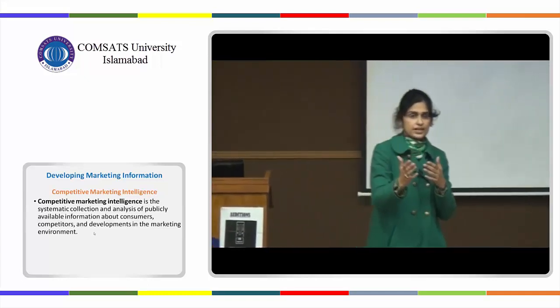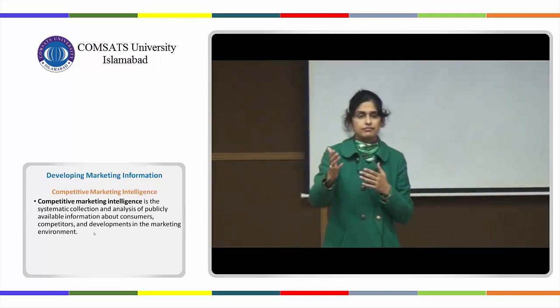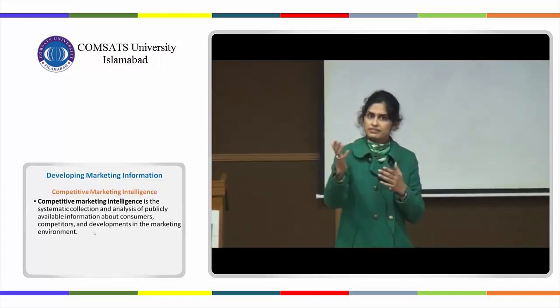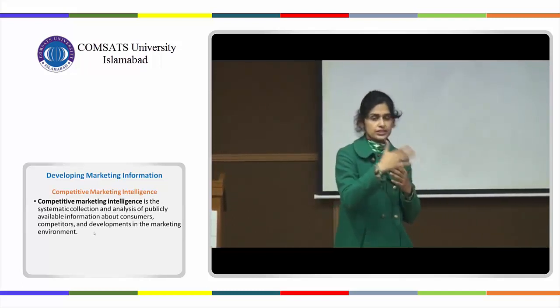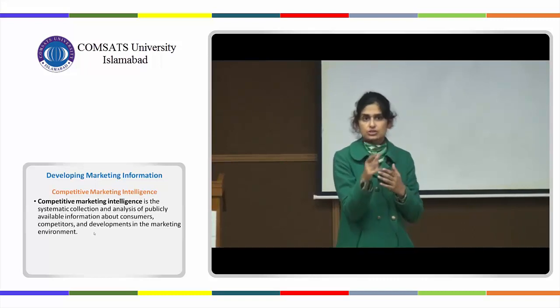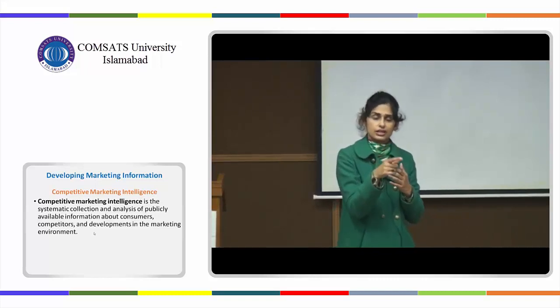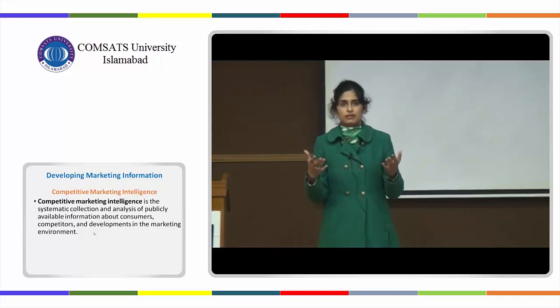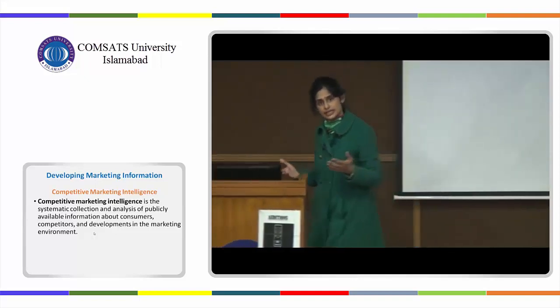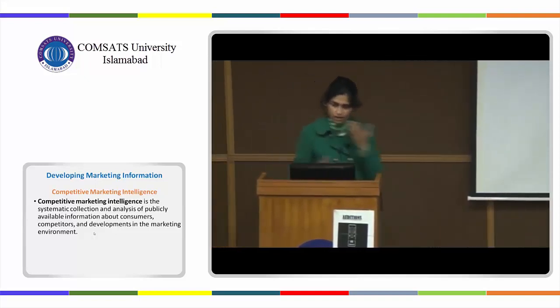Your competitor, let's say Unilever, published their financial reports. Publicly available data. Procter & Gamble takes a look into it, how the company is doing. That is competitive marketing intelligence. What else?